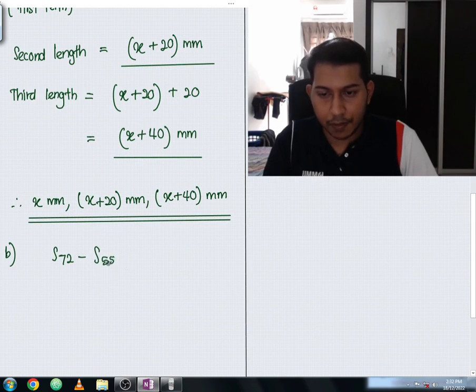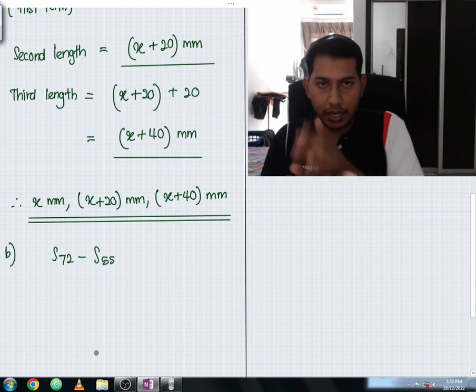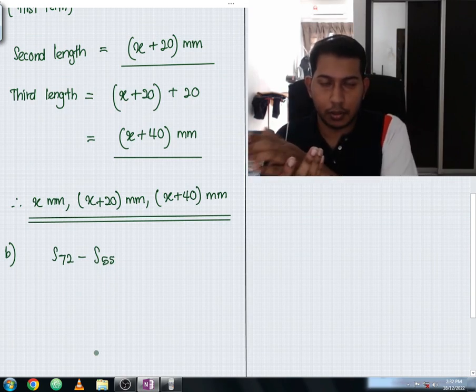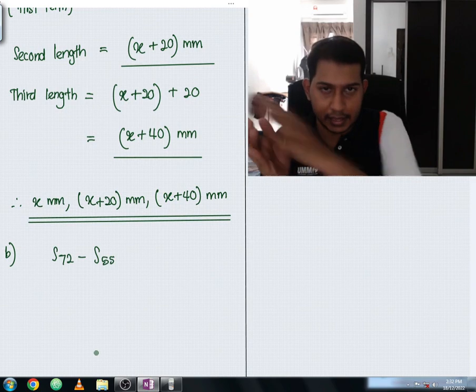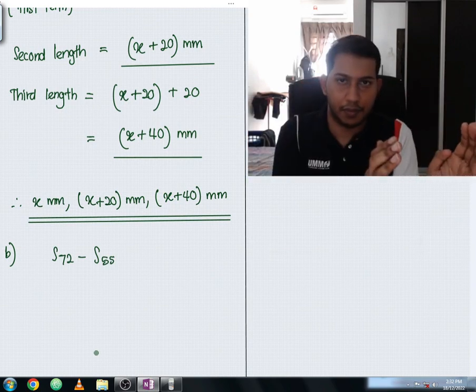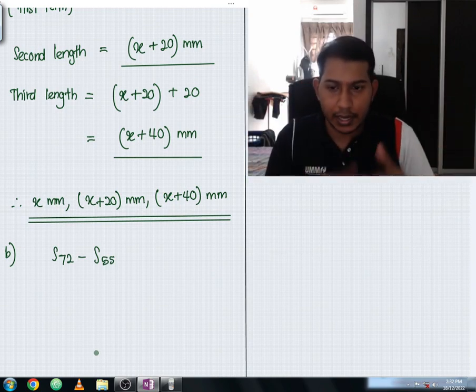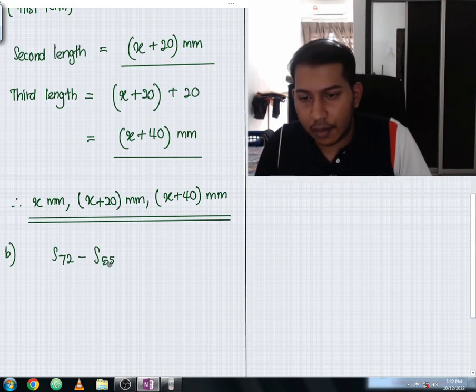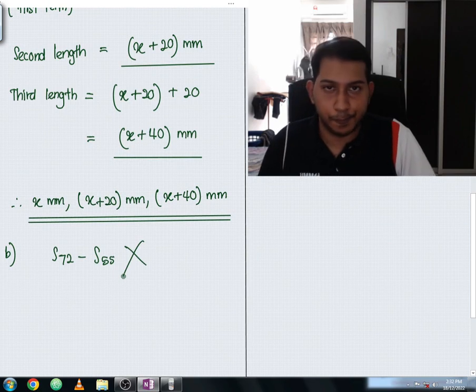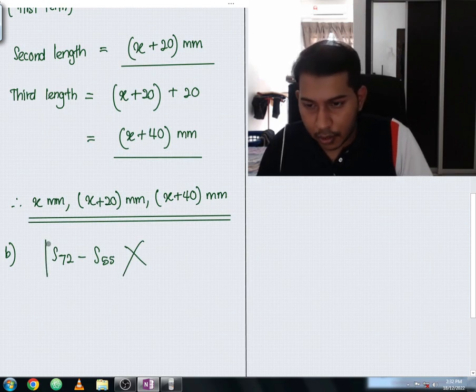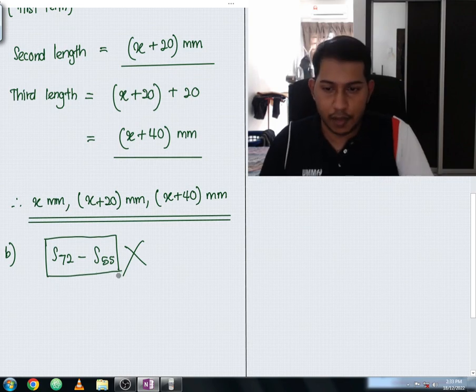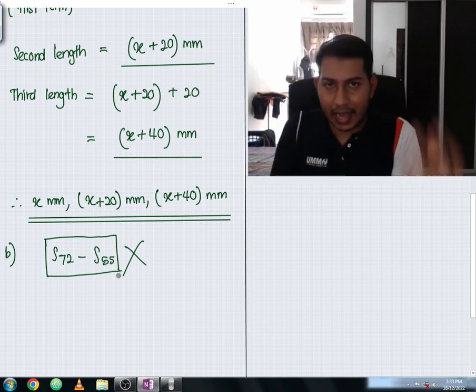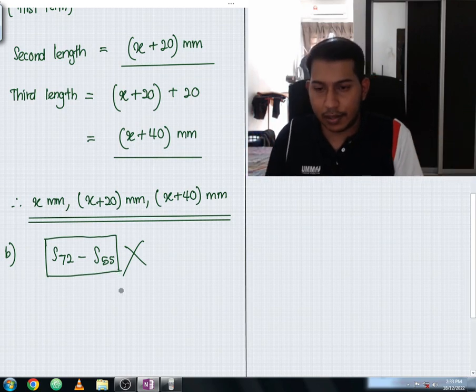Then you can ask me why 55 over here. Because you are calculating including the number itself, guys. S72 minus S55. So if you calculate them, you are literally calculating the sum of the last 18, and if you do this, believe it or not, your answer is wrong. Even though it is the sum of the last 18, it's not correct.